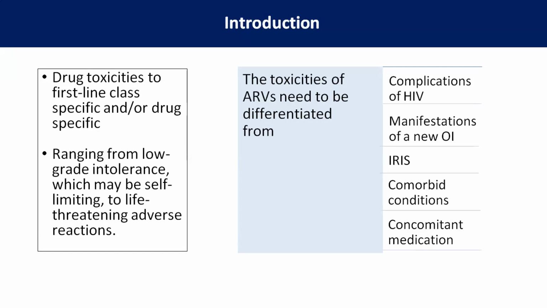And if we cannot identify the toxicity at that level, then it may progress to severe toxicity. Then probably the patient will not remain adherent to the drug and will not be retained in the program. So from the programmatic aspect, it is a problem for the retention of the patient in the program, and to identify the toxic drugs and their dosage.